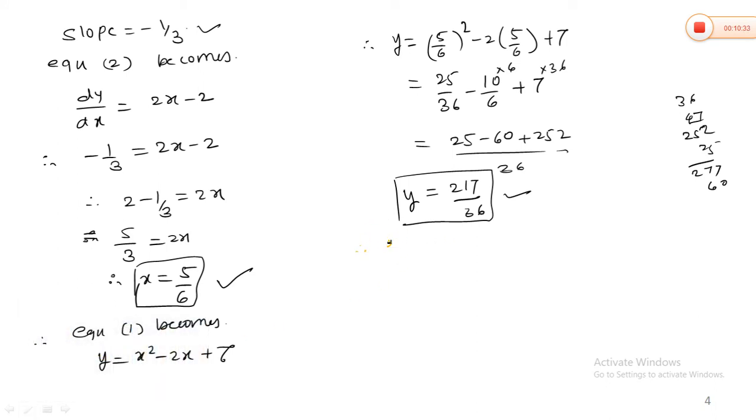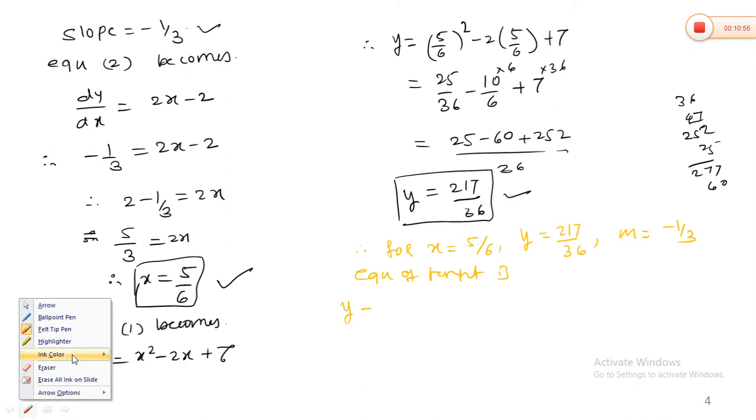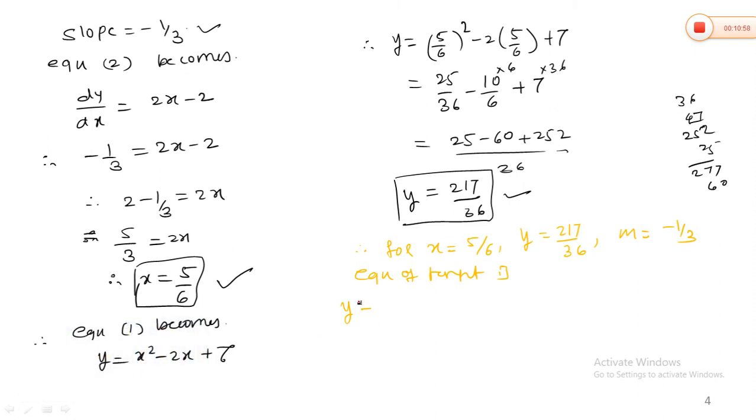The equation of tangent is y minus y1, that is 217 by 36, equals m, minus 1 by 3, times x minus x1, that is 5 by 6.